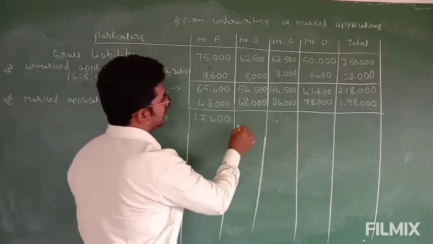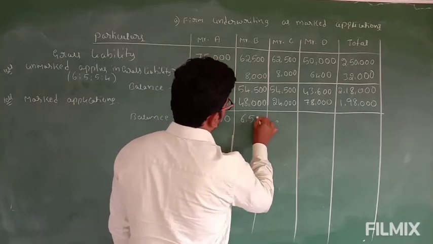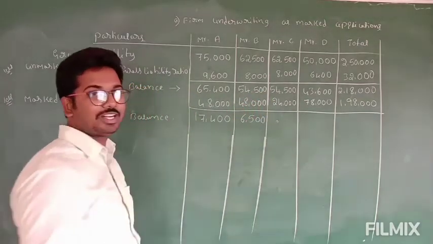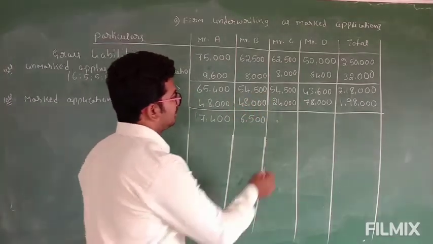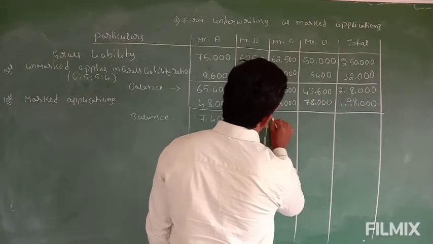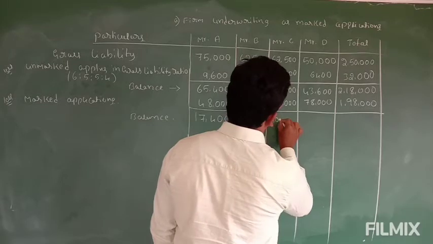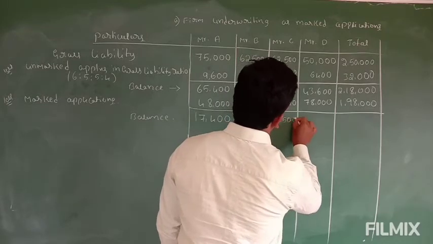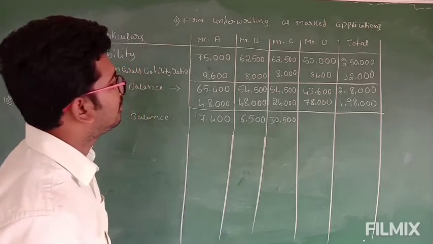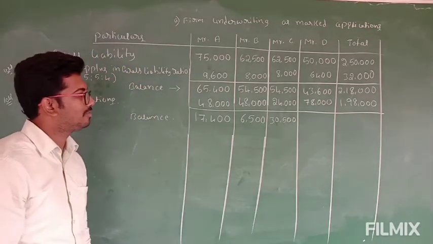And here 6,500, that is 54,500 minus 48,000. And here 30,500, 54,500 minus 24,000, we get 30,500.